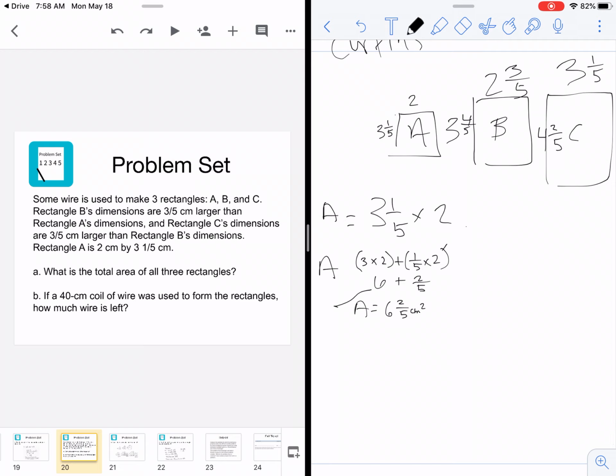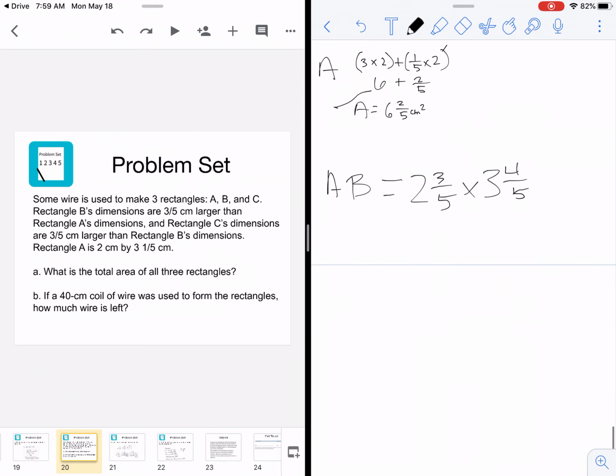Okay, now I could have done that by drawing an area model or using my multiplication, just like I did. All right, so now we have B. So the area of B is 2 and 3/5 times 3 and 4/5.